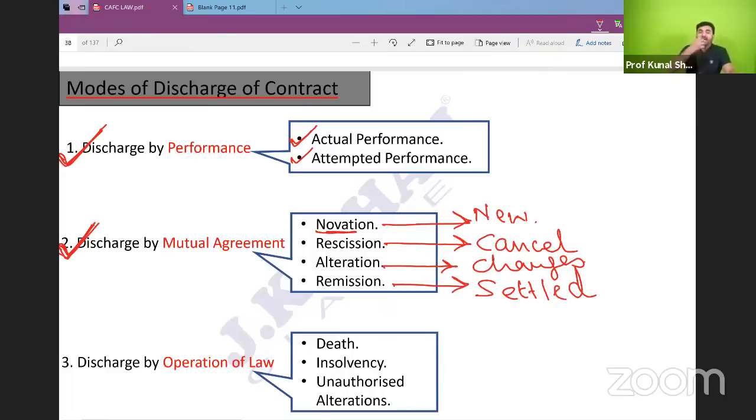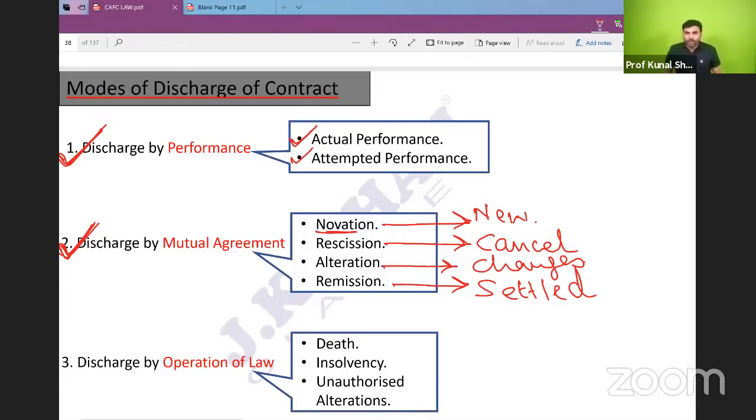If I and you, we both can come together and form a contract, then yes, we both can also come together and discharge the contract. If promisor and promisee come together to form a contract, then yes, that promisor and that promisee can also come together and discharge the contract.